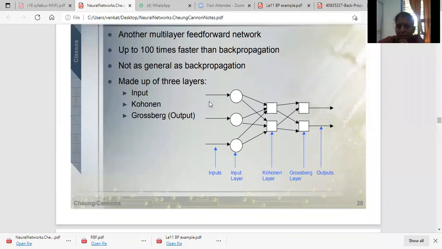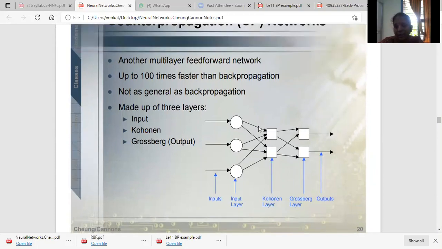Okay, this is the architecture of your counter propagation network. So, how this Kohonen layer, how this Grossberg layer will be operating, we'll be learning one by one.